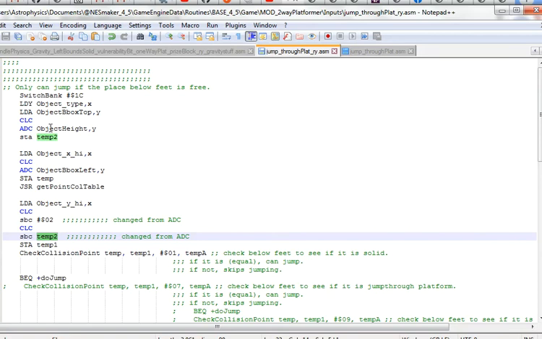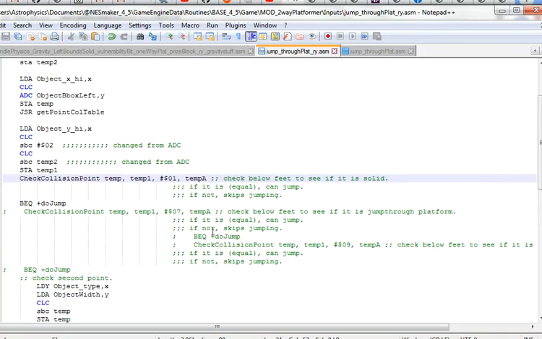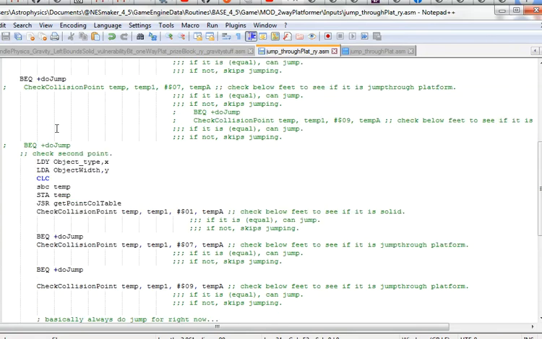This is a part I'm not as clear on. Since I'm subtracting, I think that's checking to see if above me is a solid tile. So for example, in here, it's checking to see if it's an above tile. And if so, then we can do a jump.